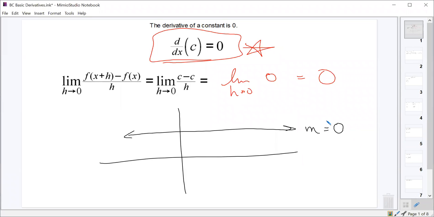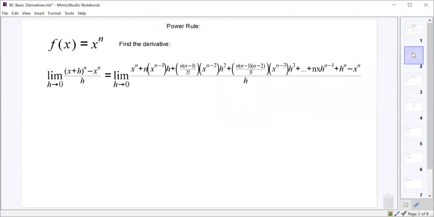So the derivative, the slope of the tangent line, ought to also be 0. Good or no? Yeah? No? Good? Bad? Good. Indifferent? Good.